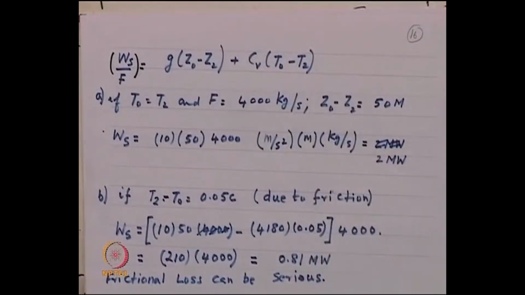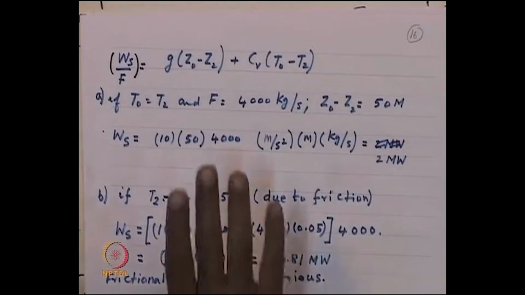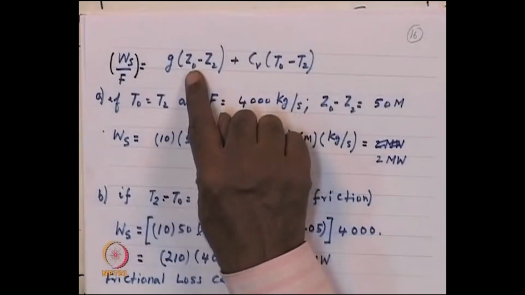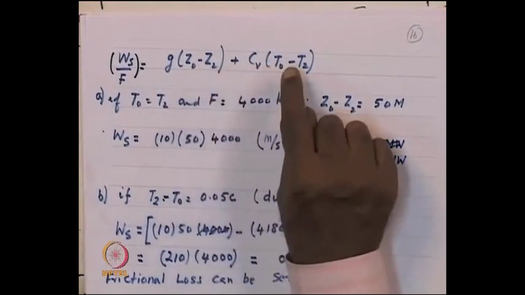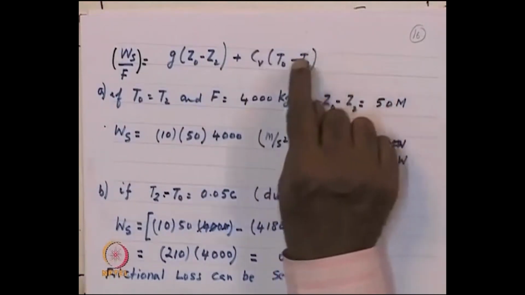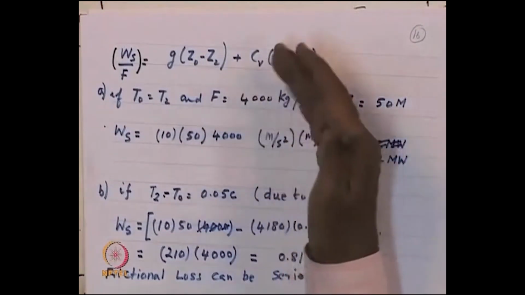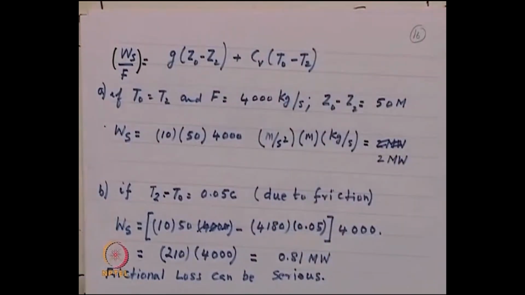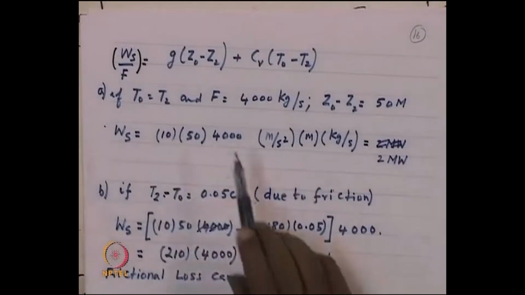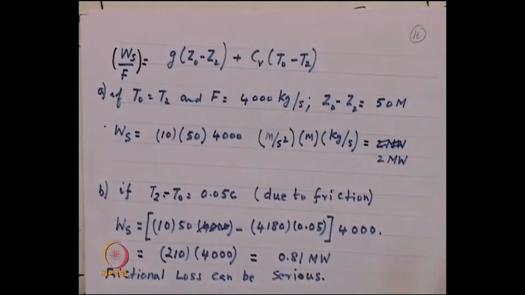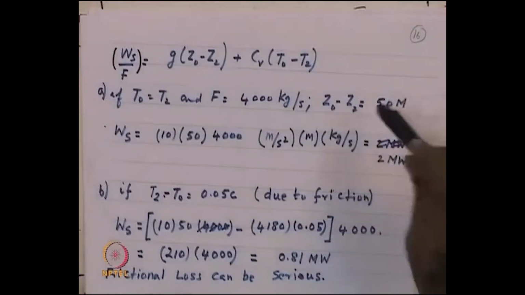So, what we are saying now is that the energy in the gravity term can be converted to energy in fluids in the form of C V, and that relationship is what is given here. Now, we can do some small calculations to understand these numbers. Let us look at one such number. I have taken here T naught is T 2 and F is 4000 kilograms, 4000 tons per second. Very large.